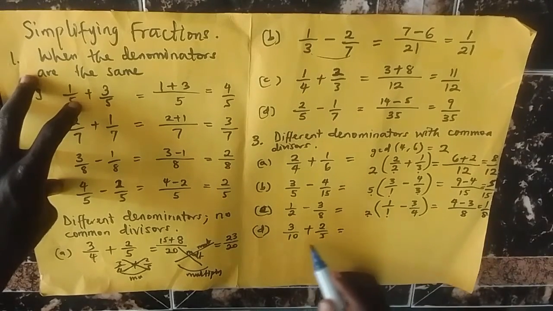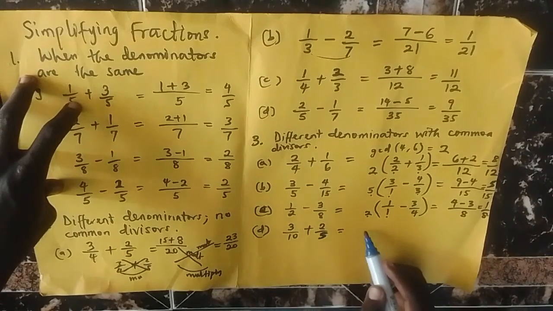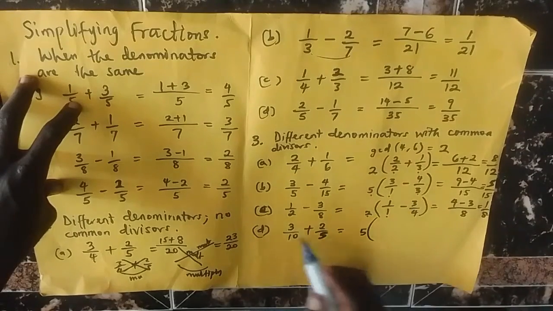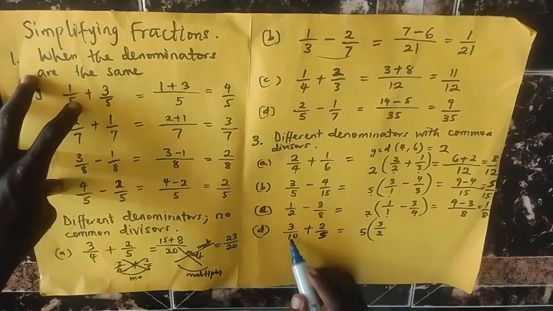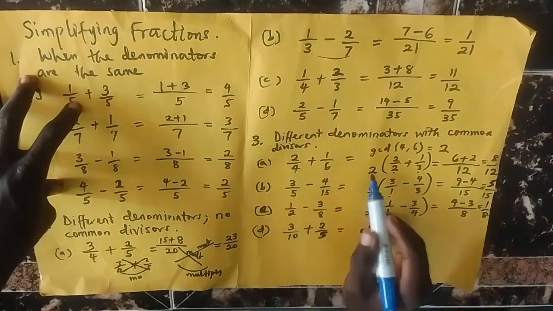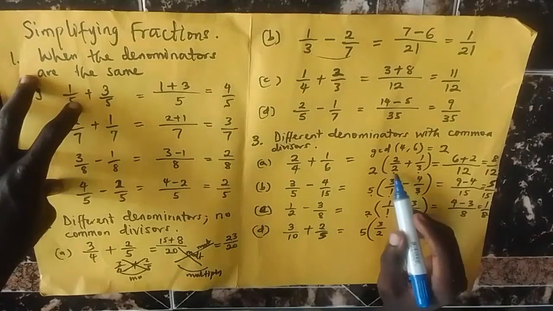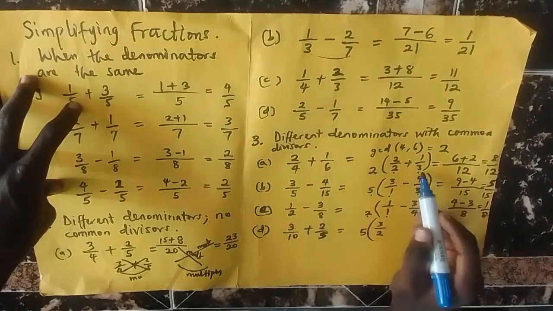In the last case, the GCD is 5 also. So I bring out 5. Then I have 3 over 2. I'm dividing that 5 into 10. That's what I'm doing, since I divided 2 into 4, divide 2 into 6 to have 2 and 3 here. 2 divides 4, 2, 2 divides 6, 3.